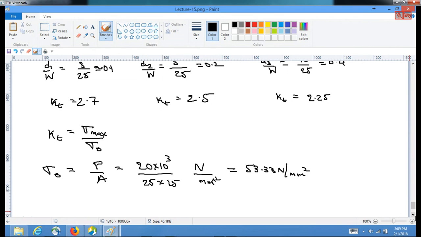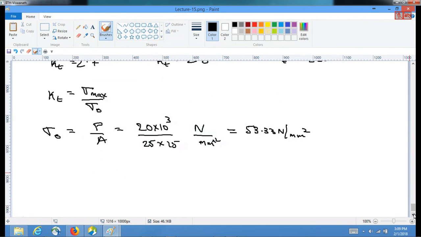Okay, so as per that, in the first case 2.7 is equal to sigma max by 53.33.